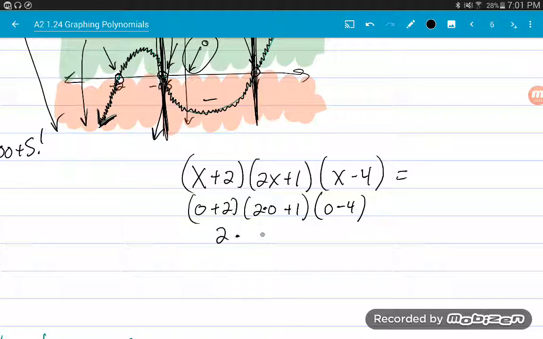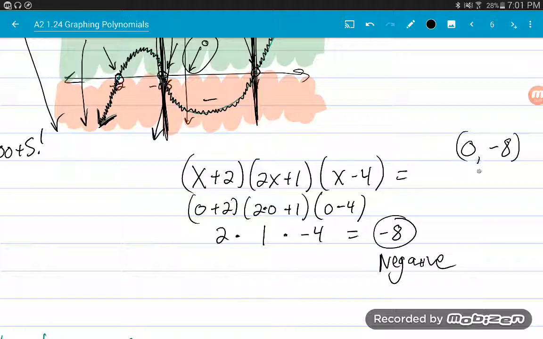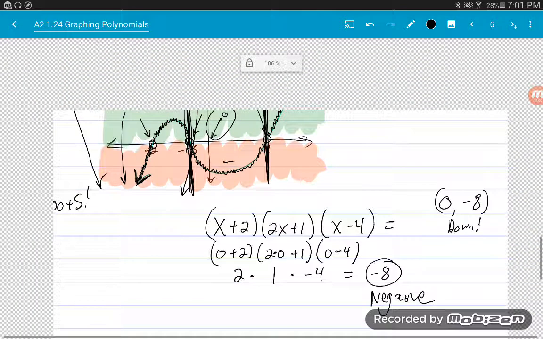2 times 1 times negative 4. And that is negative 8, which is negative. So for the x value of 0, I got the y value of negative 8. Therefore, in this interval, it must be down. Okay?